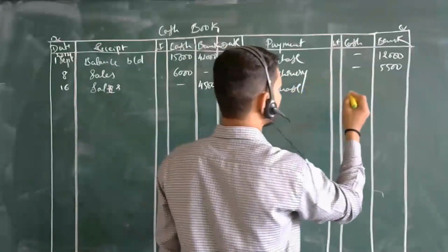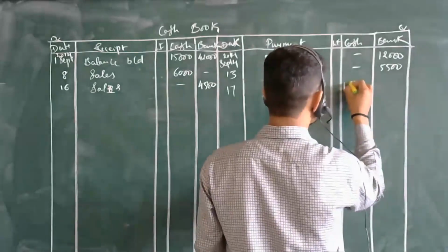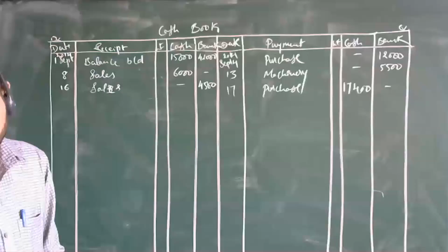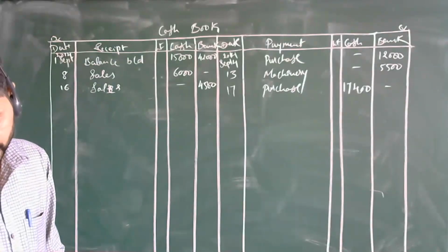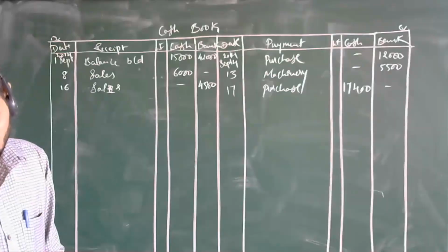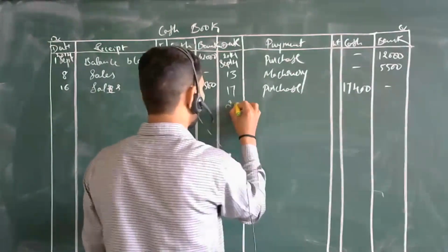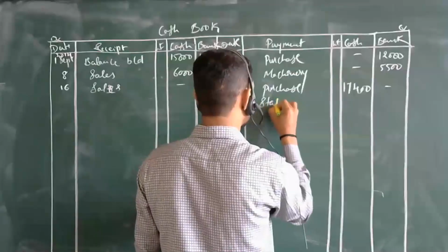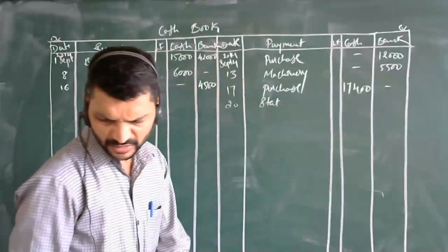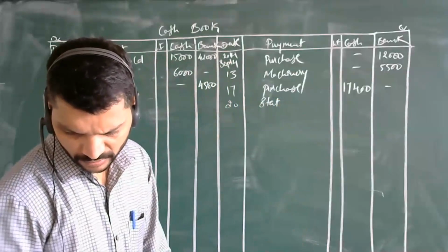It's cash. 17,400, cash. Then next, purchase of stationery by check on 20th. How much is it? 1,100 only, right?